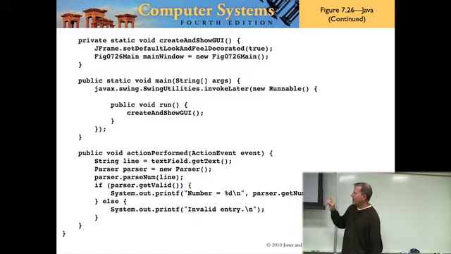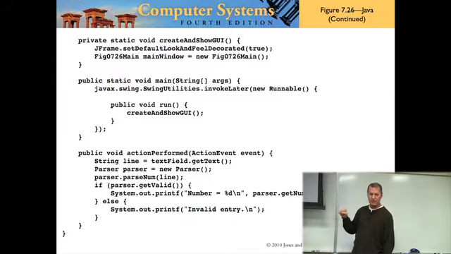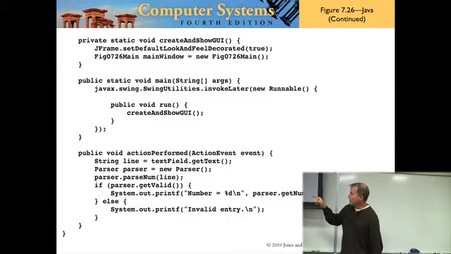And now look what we have. On this next line, it says capital P Parser, lowercase p parser gets new Parser. So Parser is another class that we have written for this program. Are you with me? That's not Java, that's us. So Parser parser gets new Parser, which brings this parser into existence.